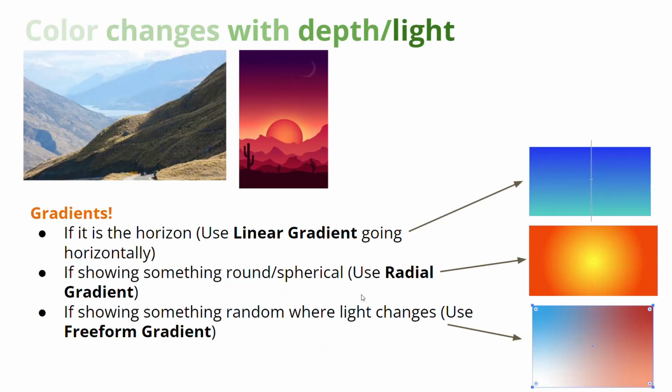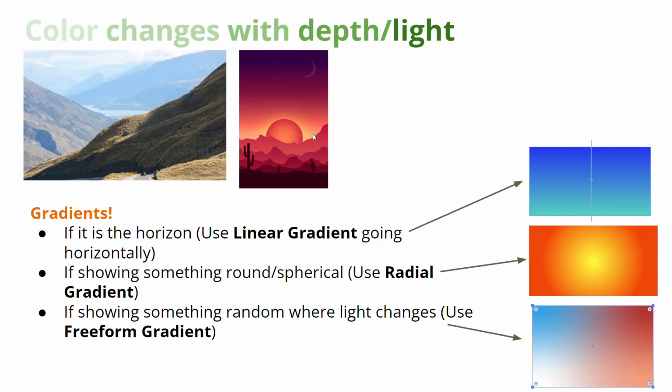Color changes happen with depth, and so that's when we start to work with a little bit of gradients. You'll notice in this middle picture here, the sun and the desert and the hills going off, there's gradient on the sun itself. That one is a radial one.